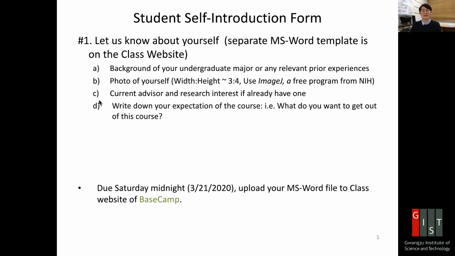The third is, if you are a graduate student, your current research advisor, and if you already have your research interest, or if not, you can create one at this opportunity. And D is to write down your expectation of this course. So basically, what do you want to get out of this course? This will be due by this Saturday midnight.